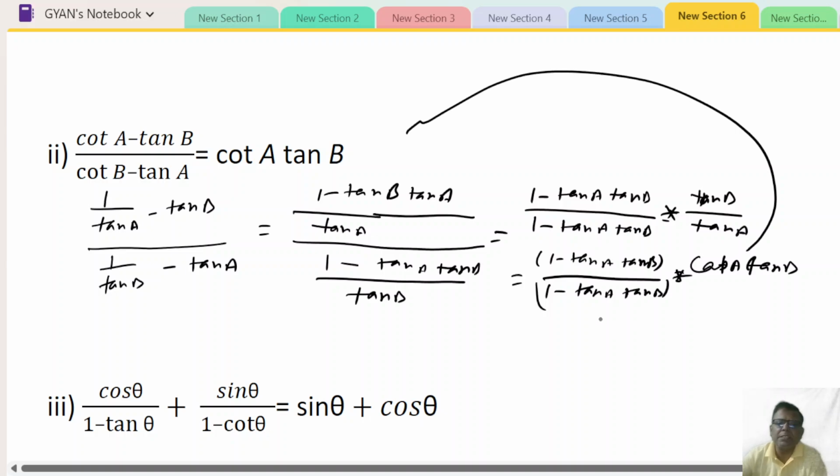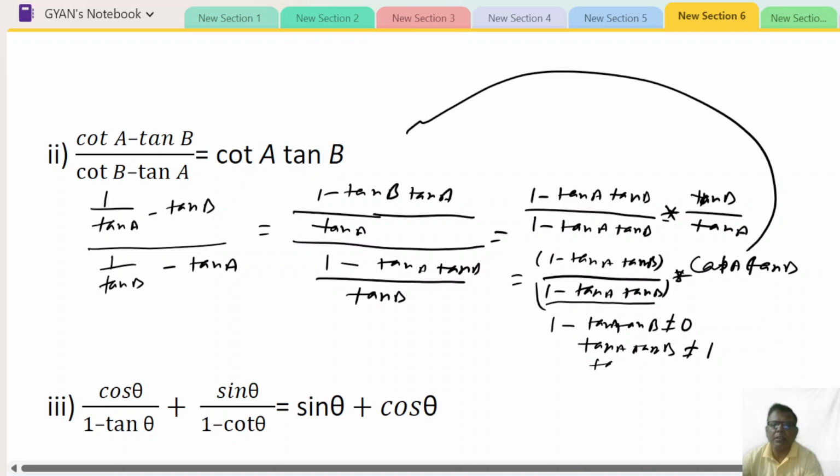But whether you can cancel it, you can cancel it only when this is not equal to 0, since it is a rational function. So 1 minus tan A tan B should not be equal to 0. That means tan A tan B should not be equal to 1.